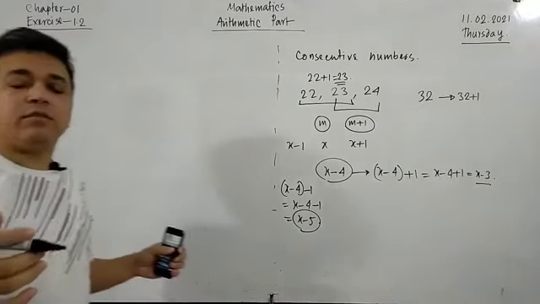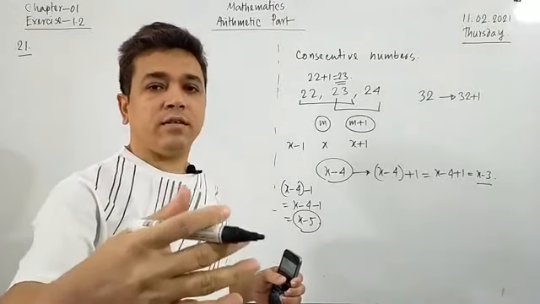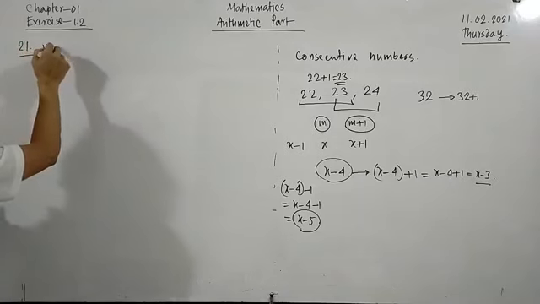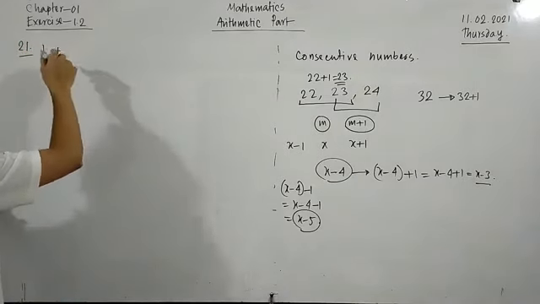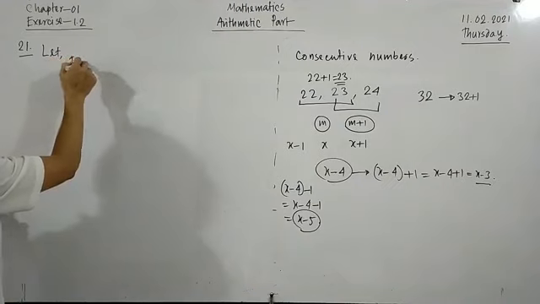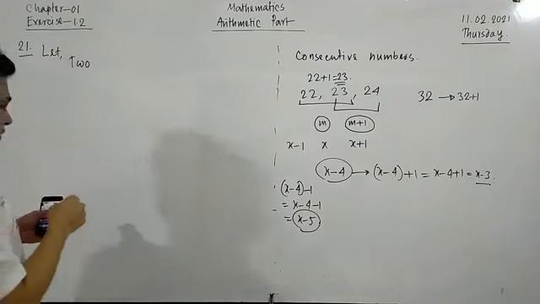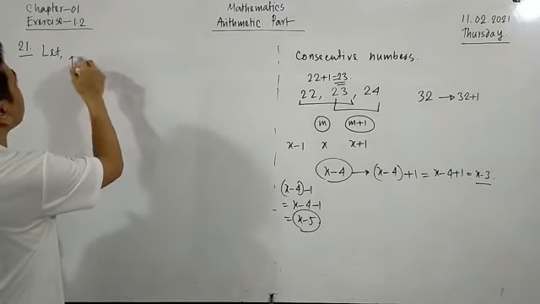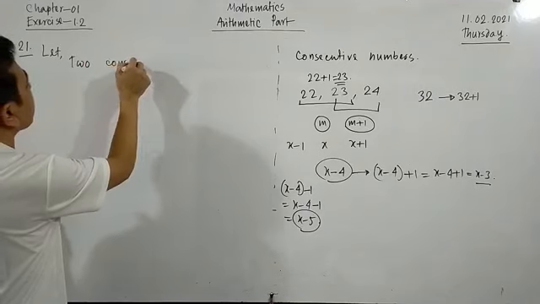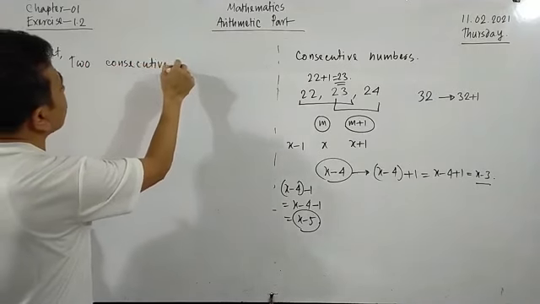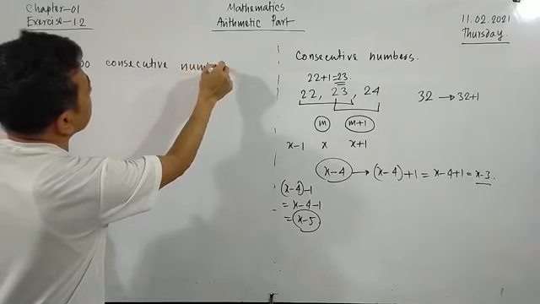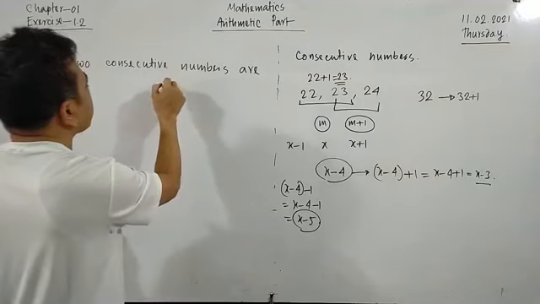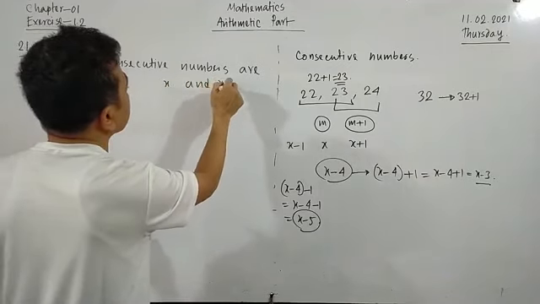We don't know the numbers, so first we have to consider what the two numbers are. Let the two consecutive numbers be x and x plus 1.